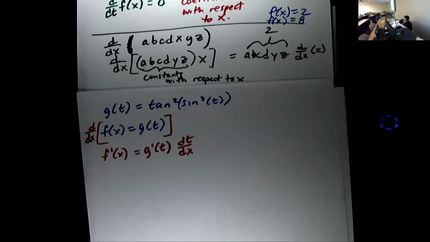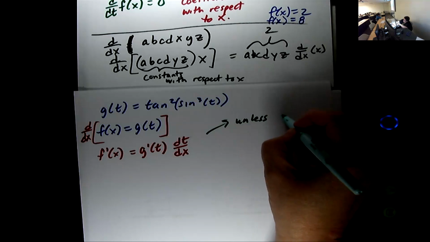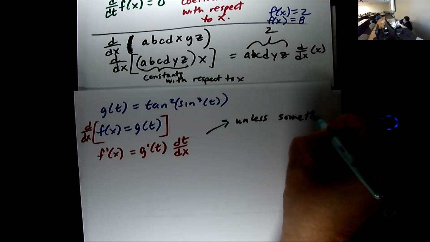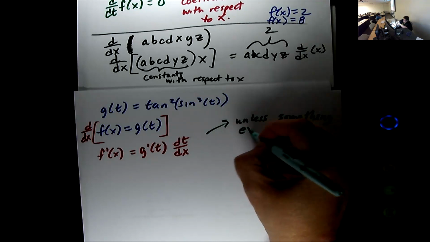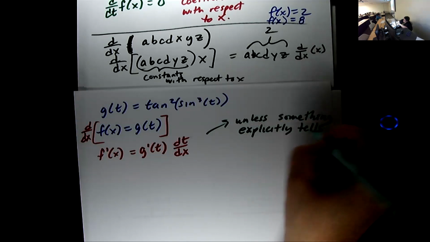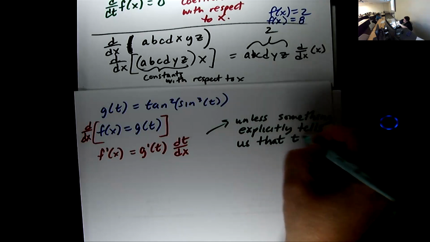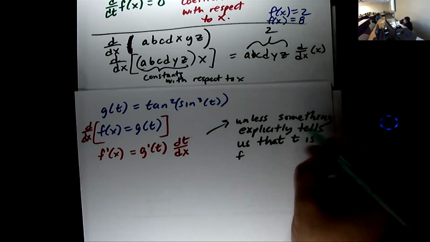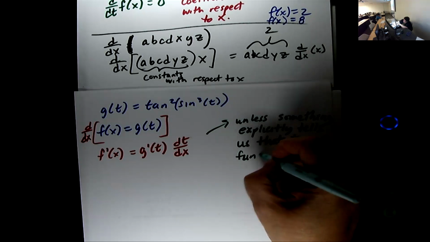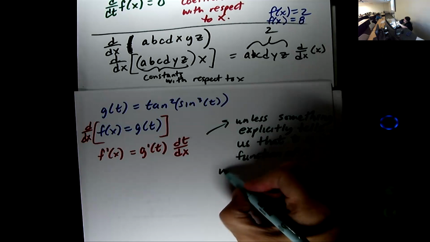Unless something explicitly tells you or us that t is a function of x, we have to assume it isn't.